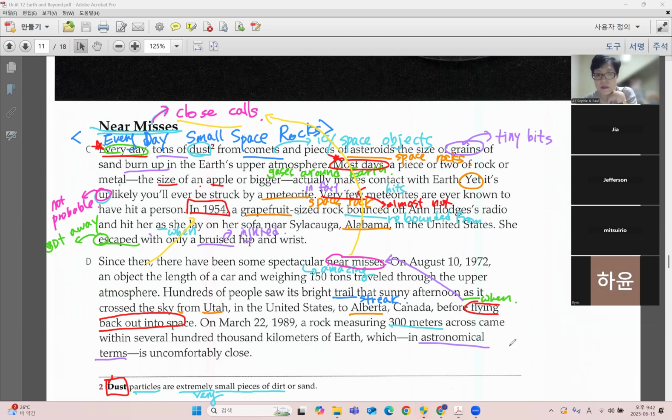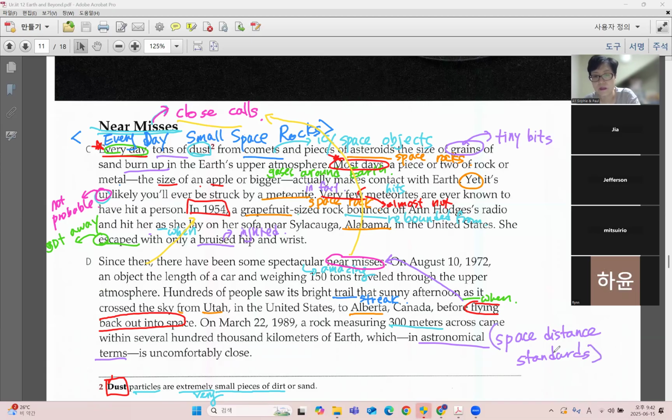Okay, so astronomical terms means space distance, standards, or kind of units or words. All right.